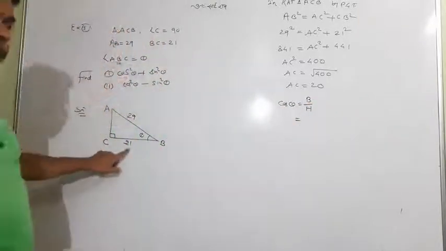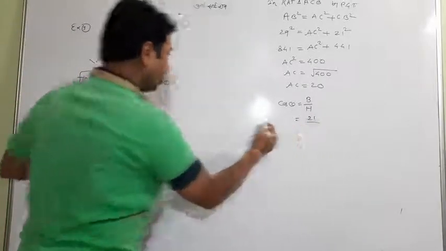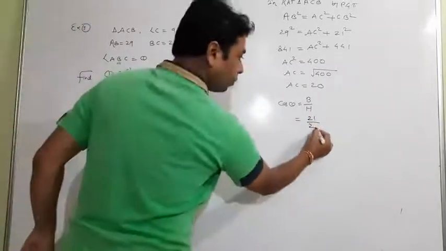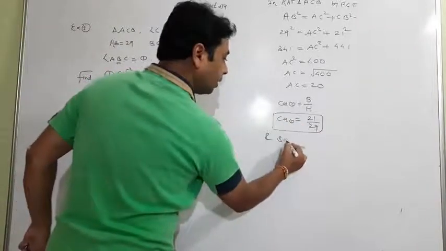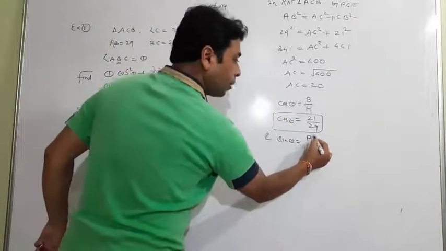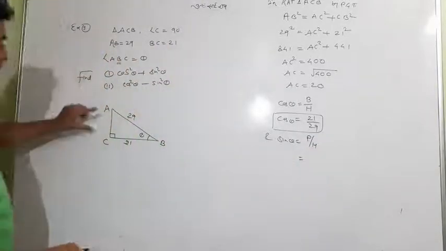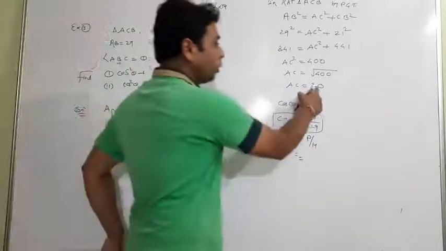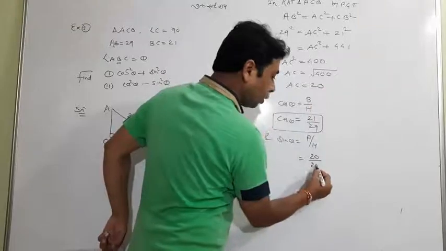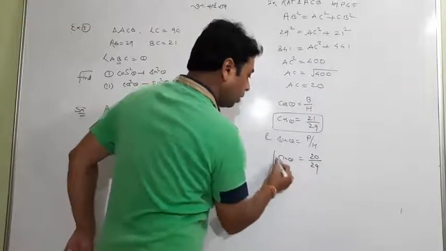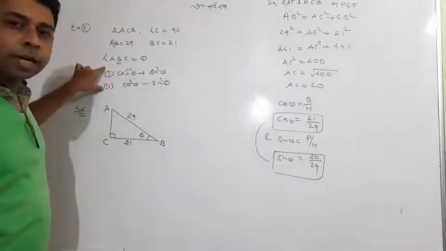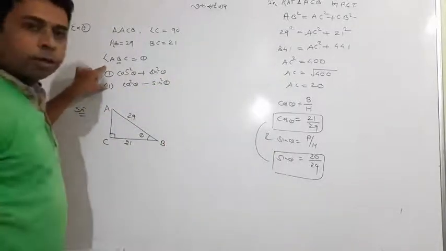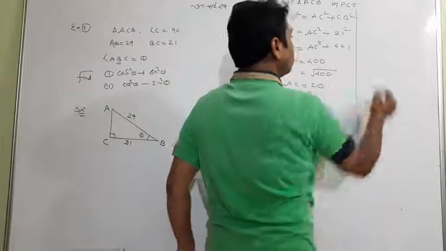Base is 21, hypotenuse is 29, so cos theta is 21 by 29. And sin theta is perpendicular upon hypotenuse. Perpendicular is AC, which we got already, 20, and hypotenuse is 29. So this is sin theta. We found these two values because in our requirement cos and sin were coming. Now we'll take both the questions one by one.